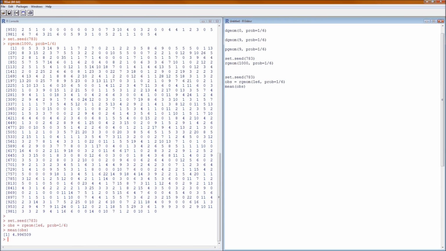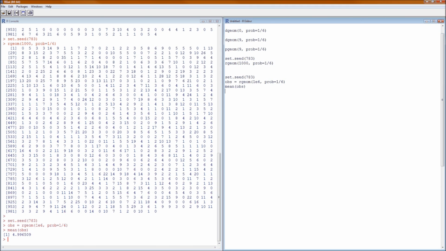And if you think about it, the expected number of failures until my first success at rolling a fair six-sided die is 5. It's kind of interesting.